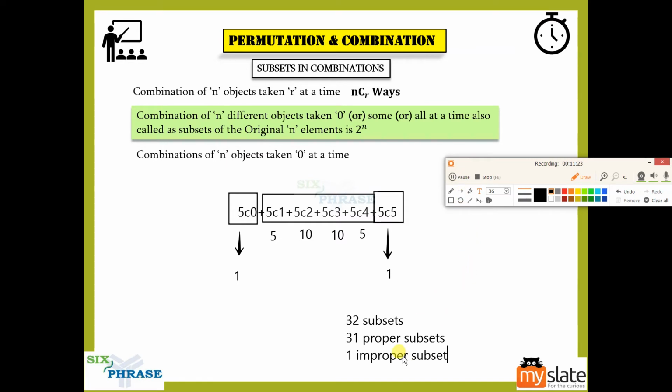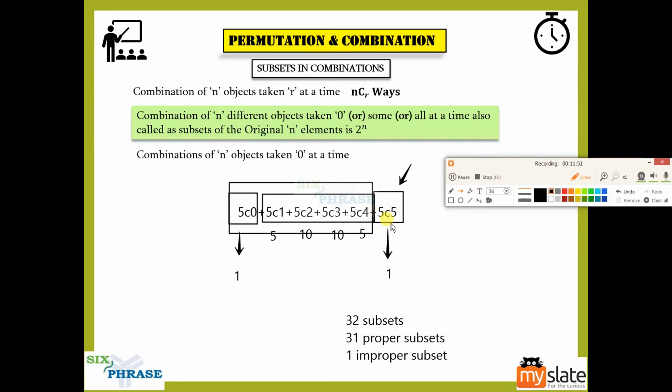So the reason we call this proper is, usually a subset will be less than the original set. The number of elements in the subset will be less than the number of total elements, right? So all these fit that category. Here 0, 1, 2, 3, 4, they're all less than 5. But this one is not that way. Here the number of elements in the subset is not less than the original number of elements.